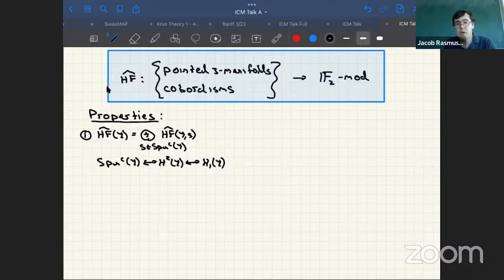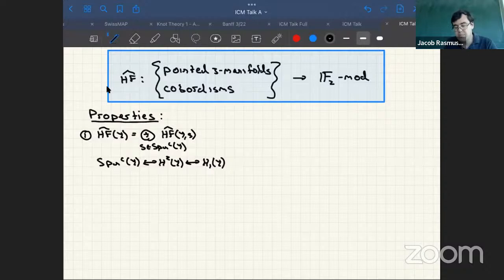And one surprising thing about this TQFT is that it's very hard to find other interesting 3+1 dimensional TQFTs.